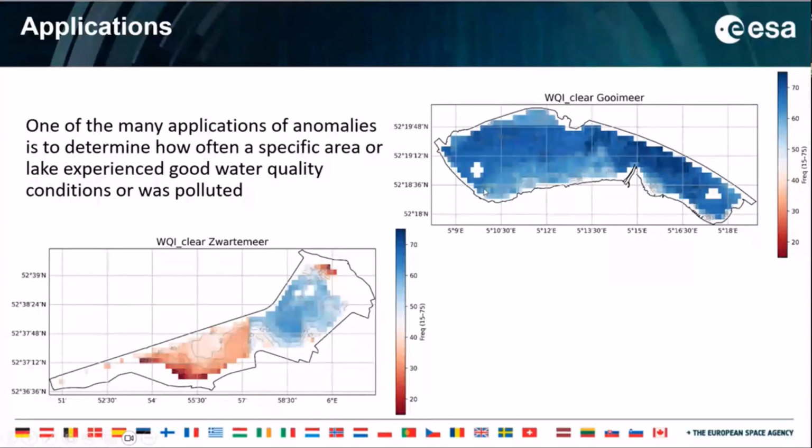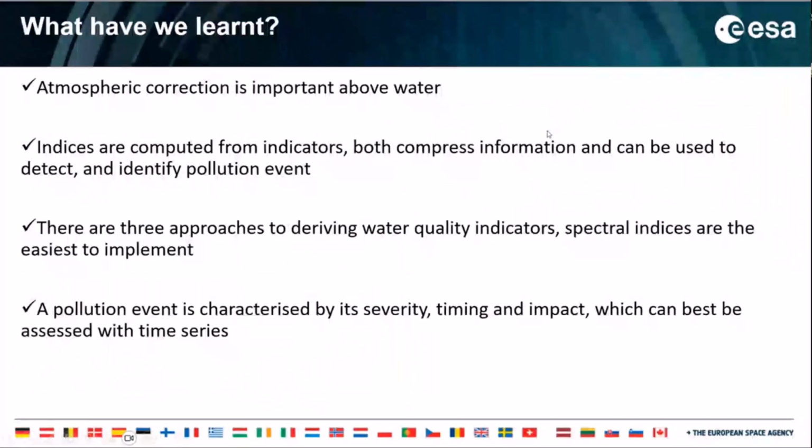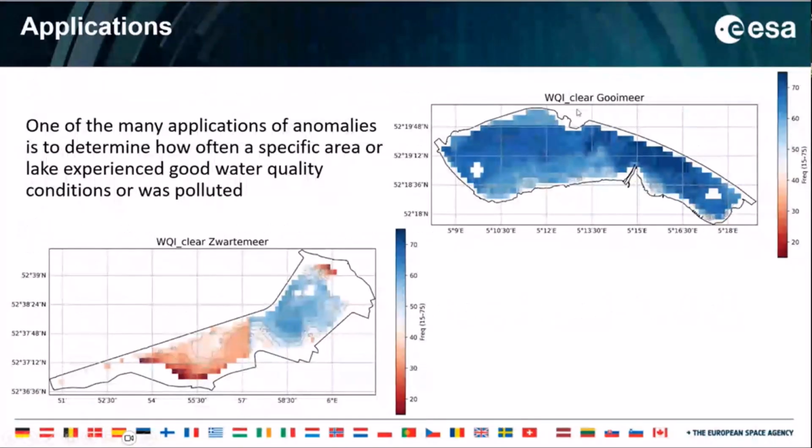It's mostly eutrophied. But if you look at the other one, for instance, this region on the 7 years average has in most of the time the best water quality. And this is a very nice tool.